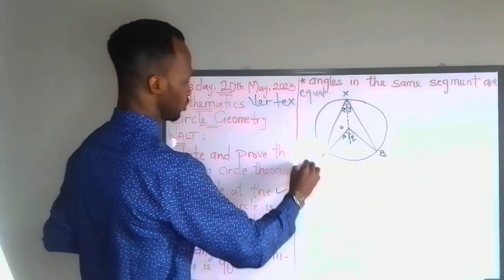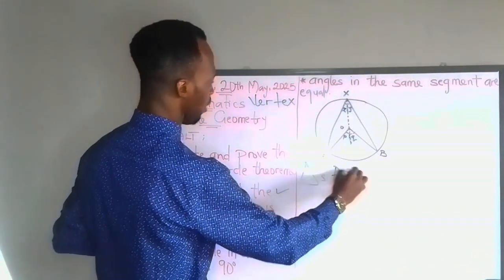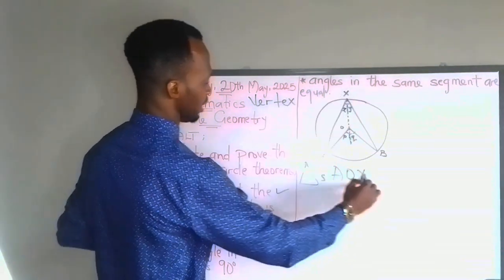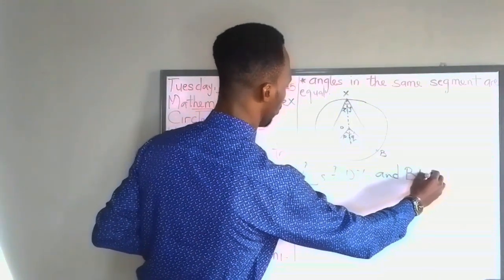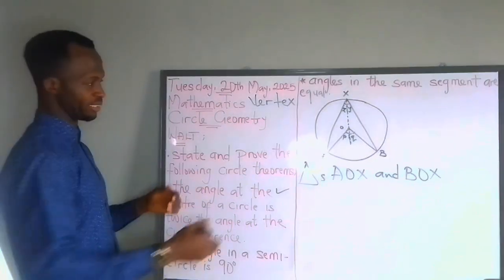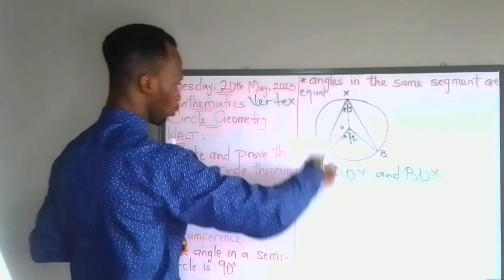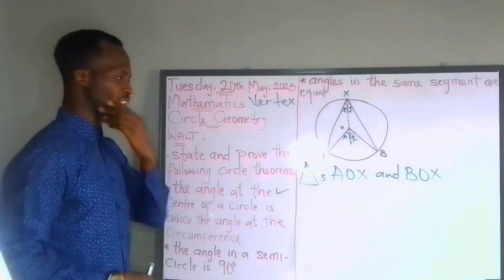So we have triangles AOX and BOX. You can name it AOX or AXO, it's the same thing since we are describing the triangles.